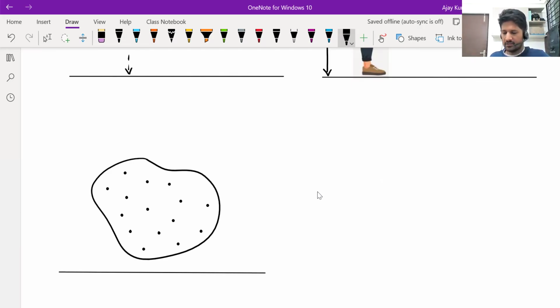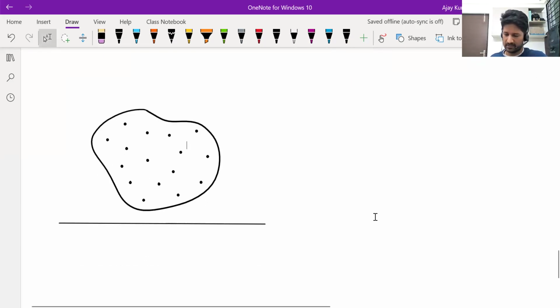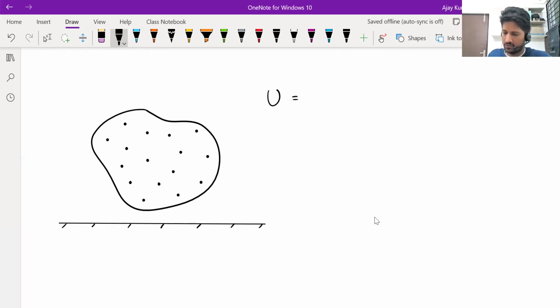Extended objects should be treated as a system of infinite particles. Suppose there is a system like this. You can see that all particles of the system are not at the same height from the ground. So in such cases, if you want to find out potential energy, you will have to write potential energy of the first particle plus potential energy of the second particle, so on up to potential energy of the nth particle.